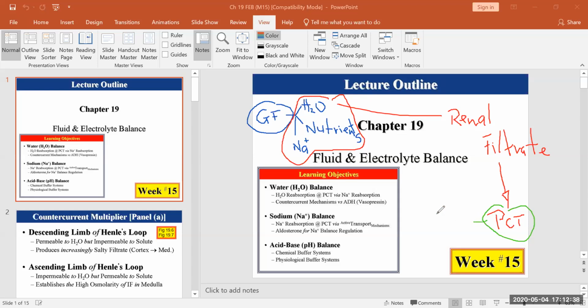And because of that, we call this not absorption, but reabsorption, the prefix RE and the word absorption. So all of that desired material, water, nutrients, specifically glucose and amino acids, and sodium, and to some lesser extent, potassium and bicarbonate, would be reclaimed by the proximal convoluted tubule.